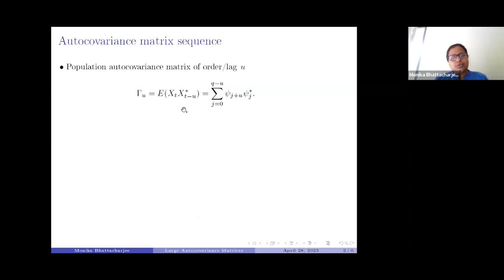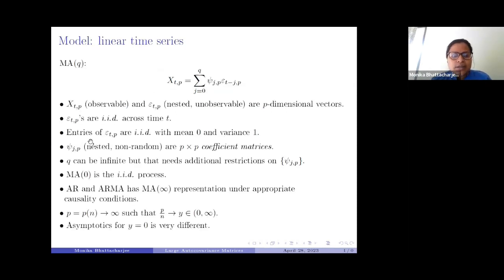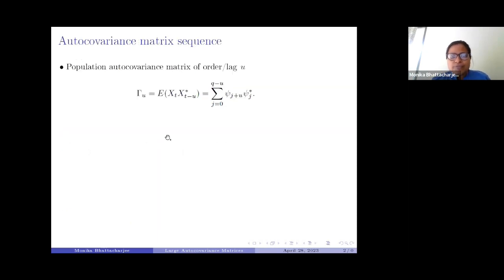Throughout this talk, whatever matrix or vector we consider, they are all real, so by star I basically mean transpose. This is basically the covariance between xt and xt minus u, because the mean of epsilon is 0. And as it is weakly stationary, it depends only on u but not t, so in the notation I make it a function of u only. And this is a p cross p matrix.